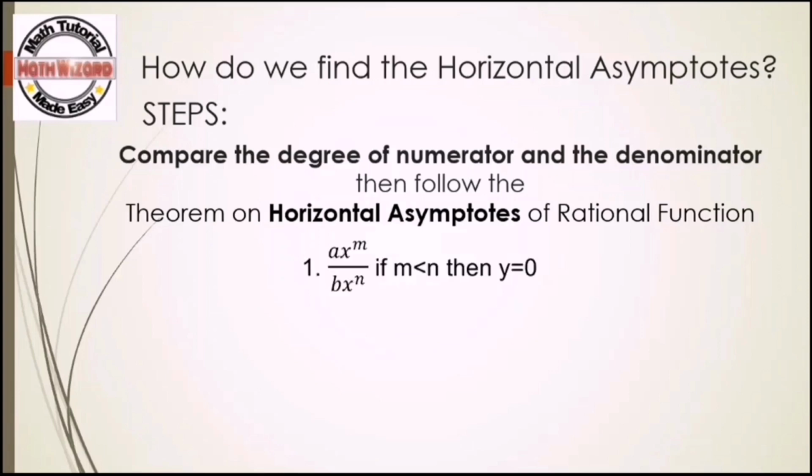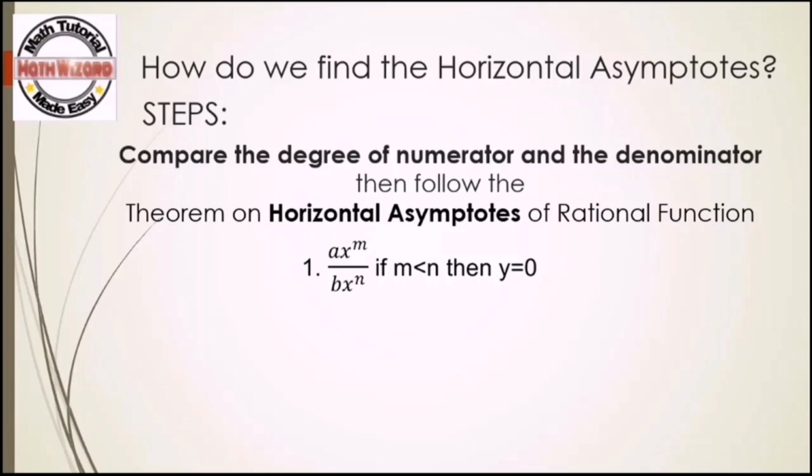First of all, ax to the m power all over bx to the n power. So we make sure that ax^m is the degree of the numerator and bx^n is the degree of the denominator. After that, we need to compare m and n.